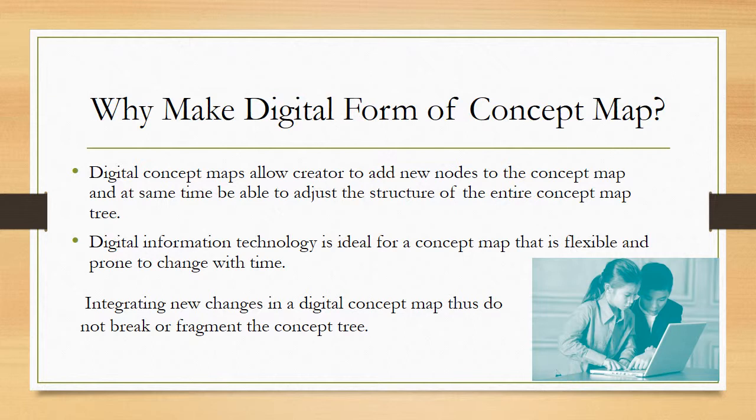The concept map is indeed one such type of information that evolves with time and is prone to rapid changes either at the base, torso, or apex of the concept tree. Integrating new changes in a digital concept map thus does not break or fragment the concept tree.